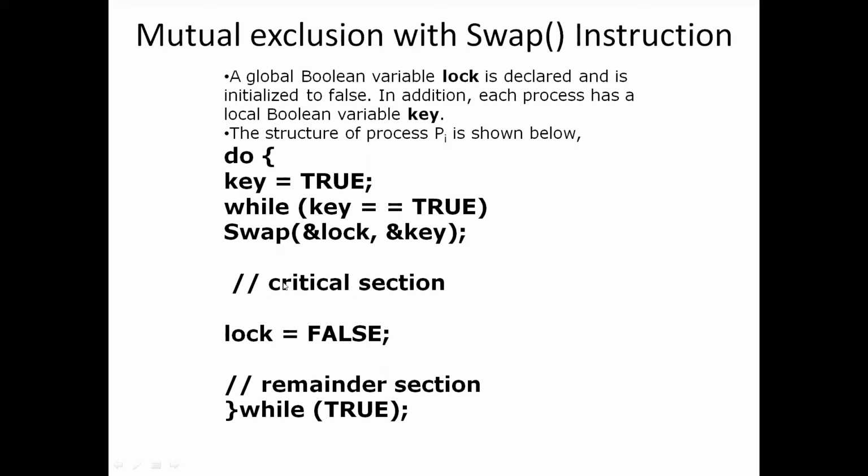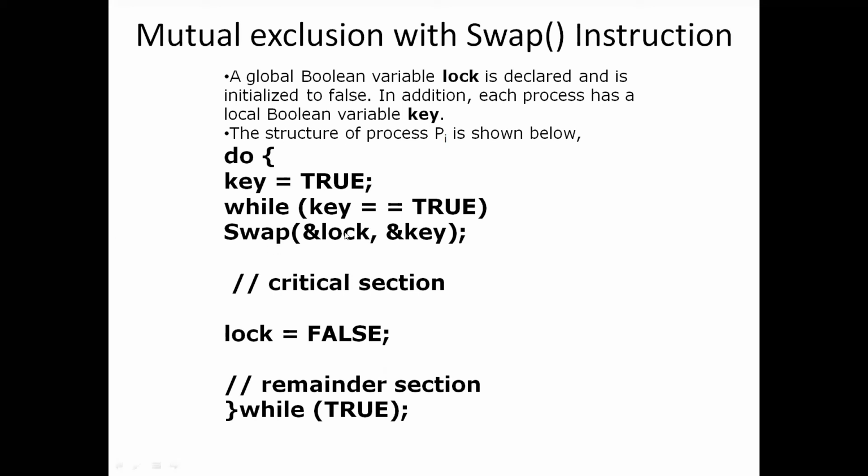After completion of execution in the critical section, the process will set lock equal to false. Once the lock is set to false, then the process which is waiting to enter the critical section executes this swap instruction.